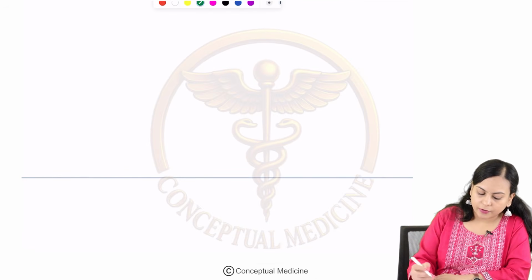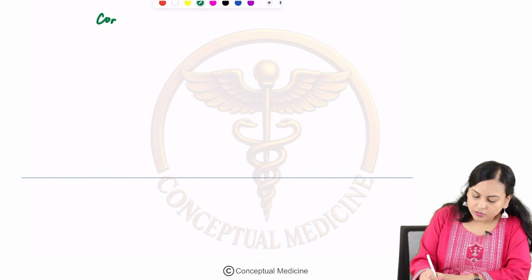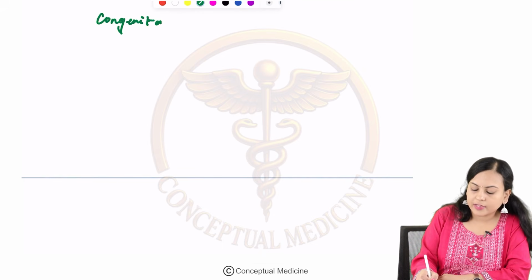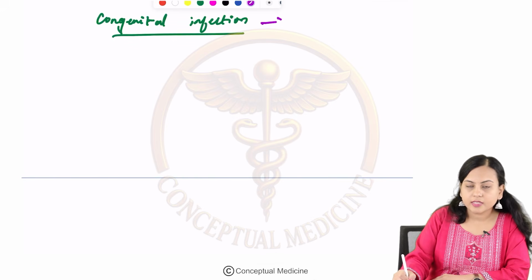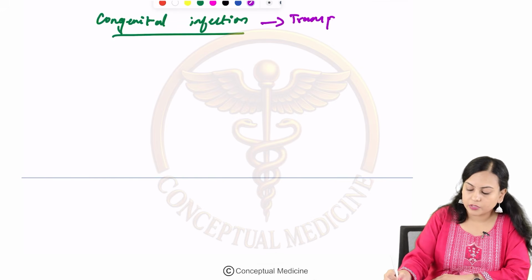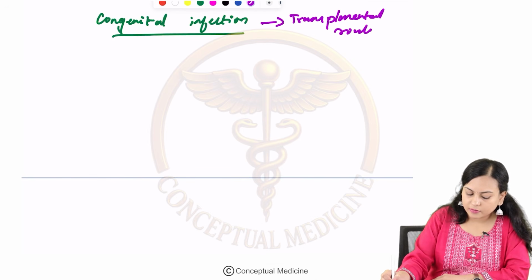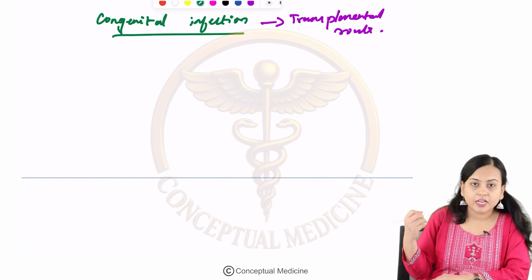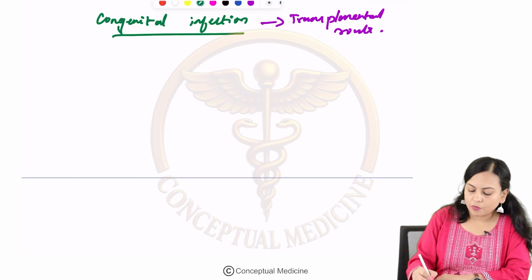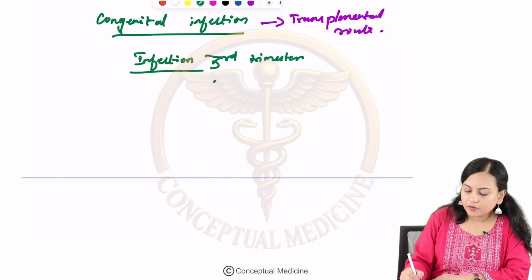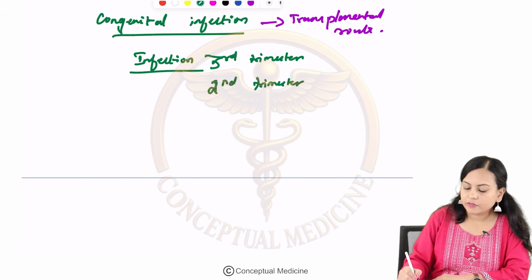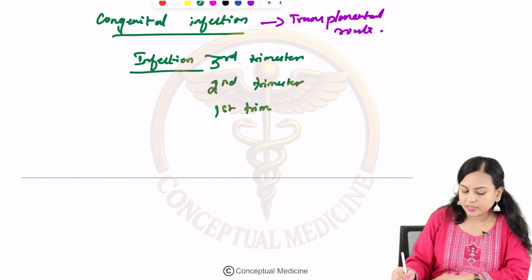Now, next, what is the route of congenital infection of this organism? Yes, it is the transplacental route. And remember, the infection occurs more in the third trimester, followed by the second trimester, followed by the first trimester, right?